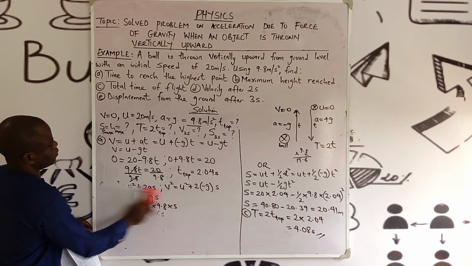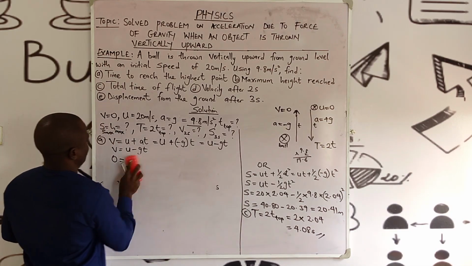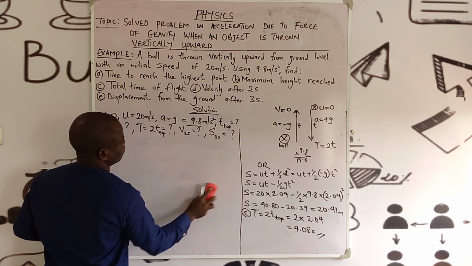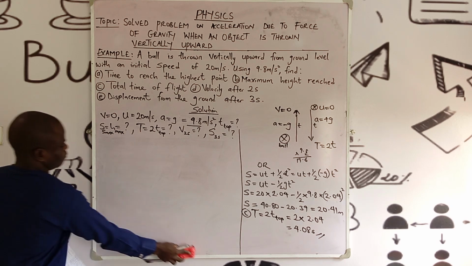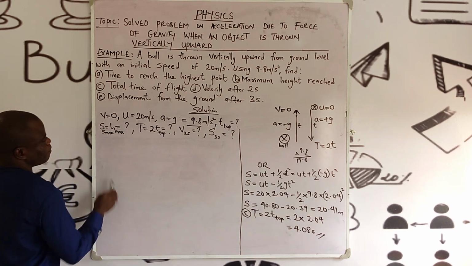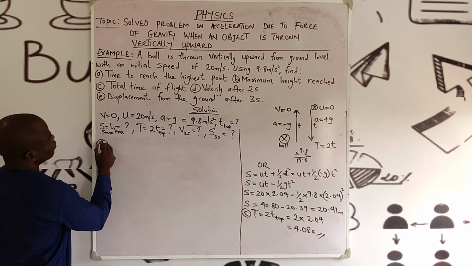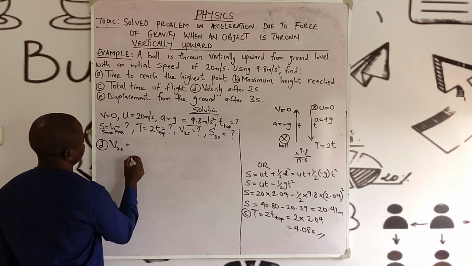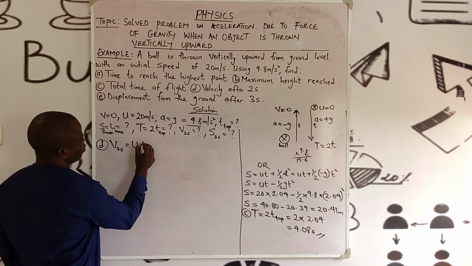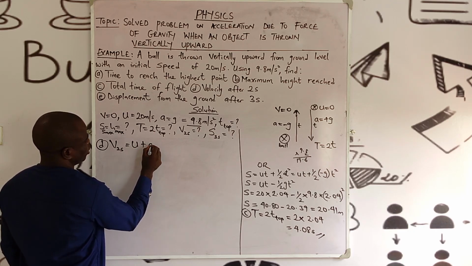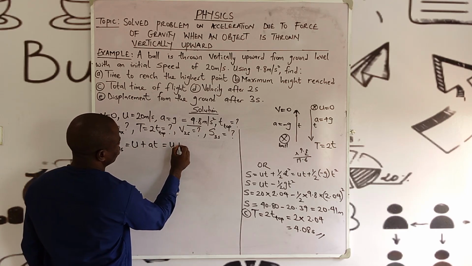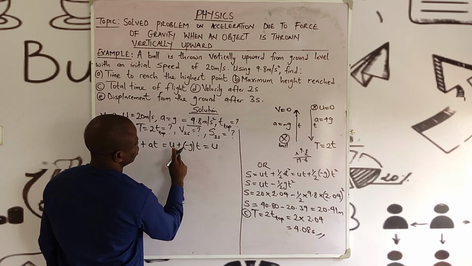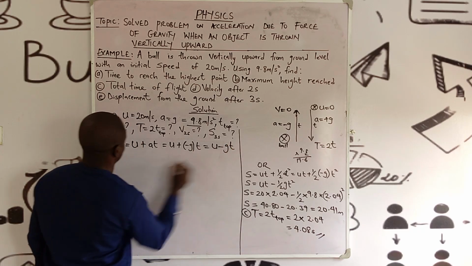Now let's go to the last part. Velocity after 2 seconds, which is u plus at, because u plus minus gt, positive and negative give us minus gt.